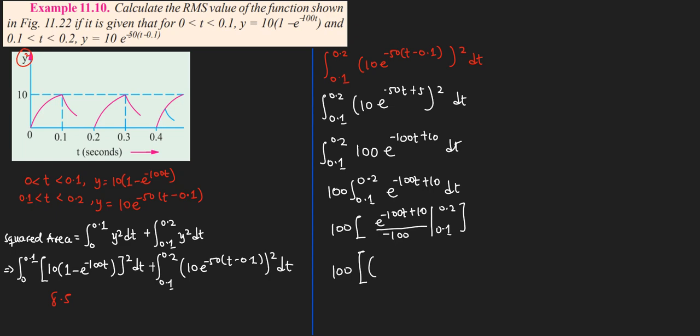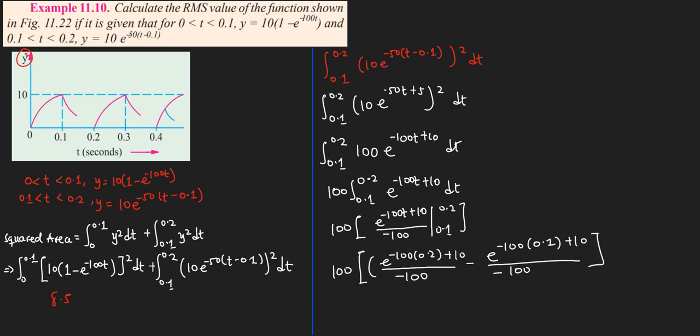So first of all, you're going to have e to the power minus 100 multiplying 0.2 plus 10, divided by minus 100, and then over here you're going to have minus e to the power minus 100 multiplying 0.1 plus 10, divided by minus 100.